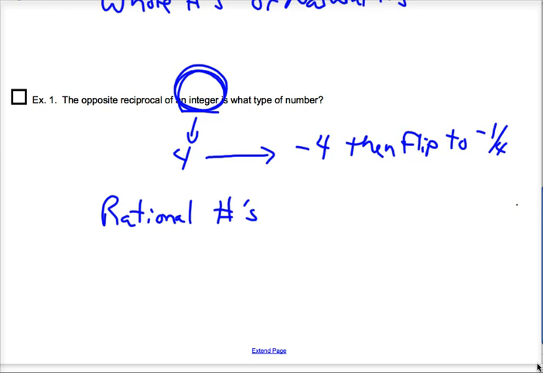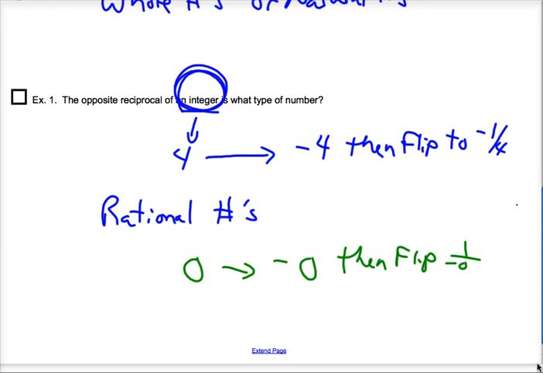Well, if you're really thinking, what if I would have started with 0? Then you make it -0, which doesn't make any sense. There's no such thing as -0. Then you would flip and it would be 1 over -0, and hopefully you know that 1 or anything over 0 is undefined. That's just not cool. You can't have that.